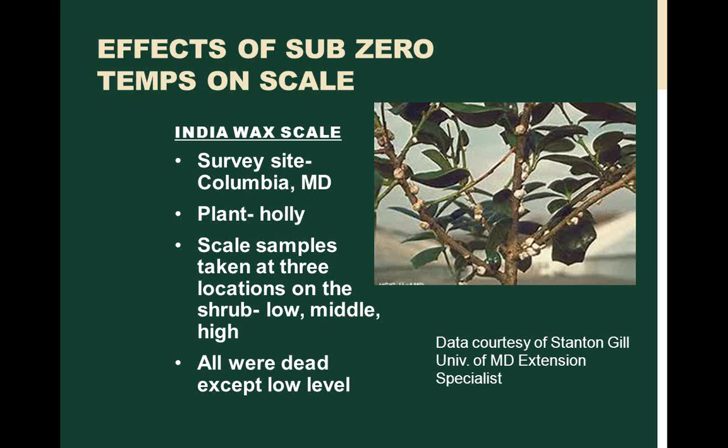He's done some studies, just recently published a couple of days ago, and he finds that India wax scale down in Columbia, Maryland, he took samples on this one particular plant at 3 different levels, high in the plant, at the middle of the plant, and low branches, and all the India wax scale were dead except for the lower levels, very possibly because the temperature's a little bit moderated there. Possibly they could have been protected by some snow. So this is a benefit from the cold weather that we've been having this year.